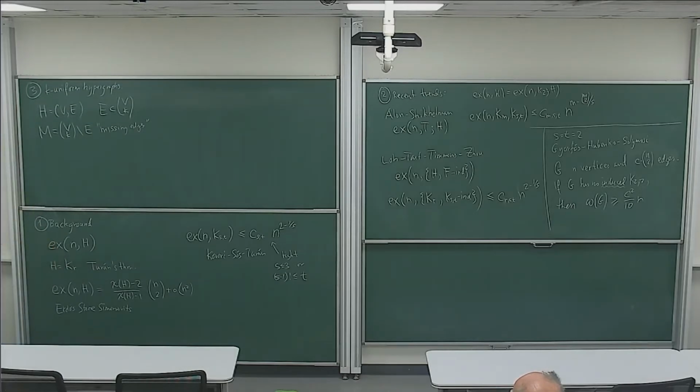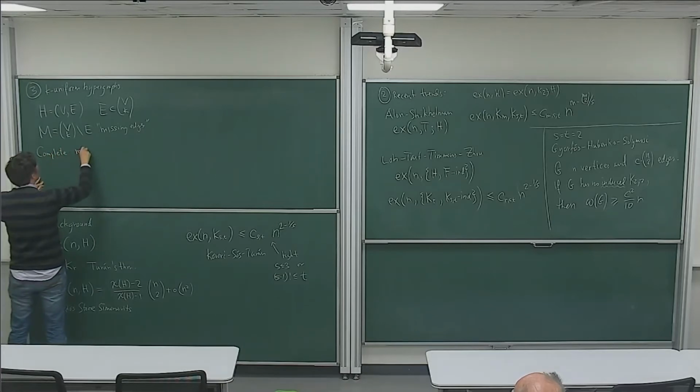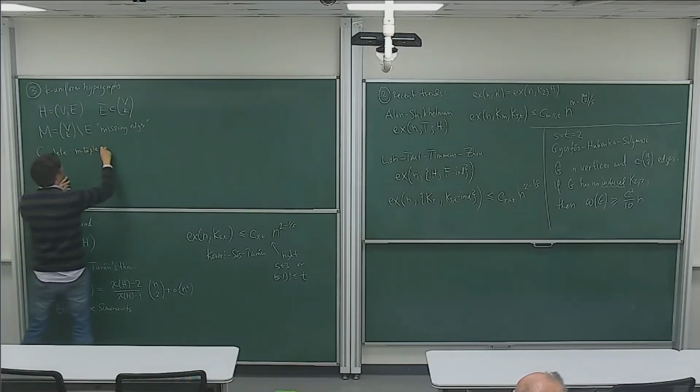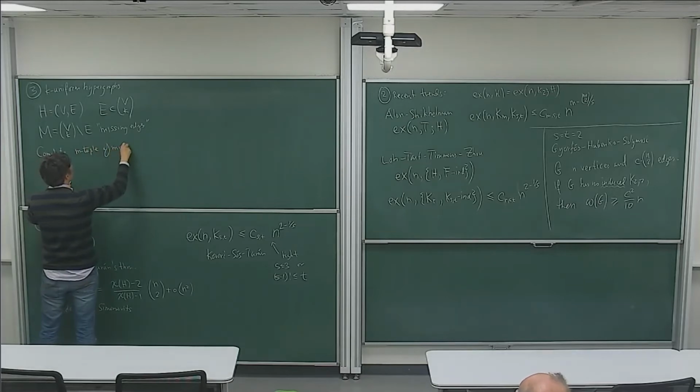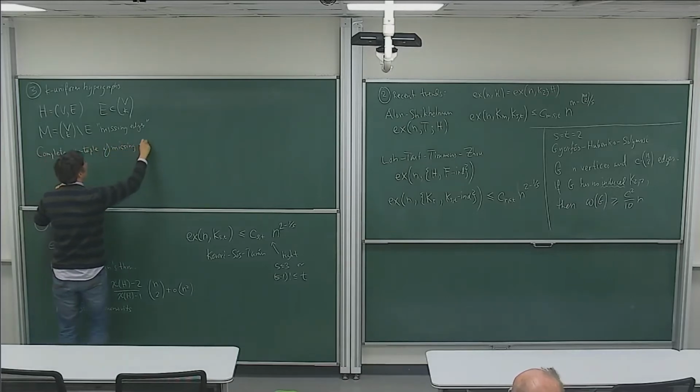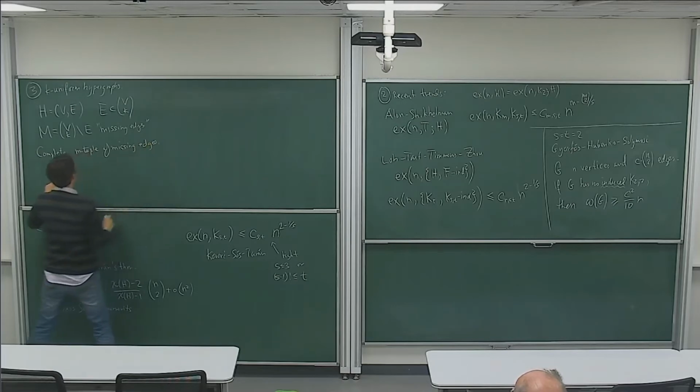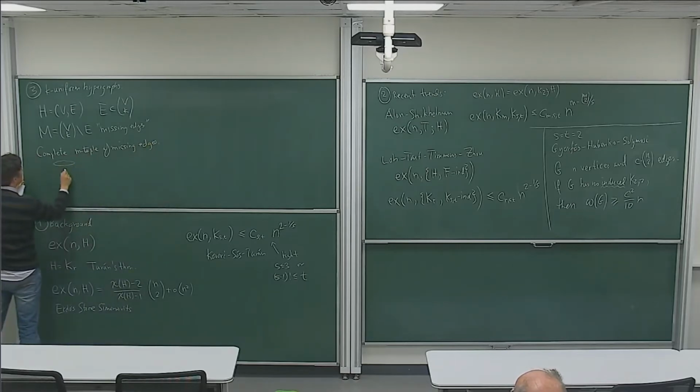And so what I want to define is an analog of that, which I'll call a complete M-tuple of missing edges. It's a bunch of missing edges like this.